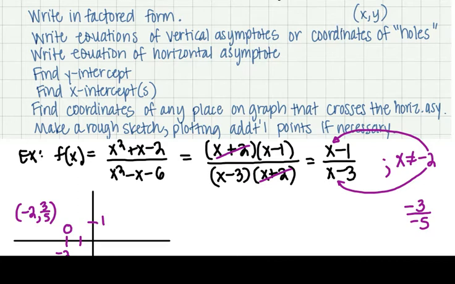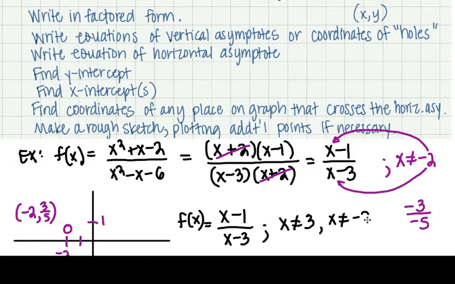Now let's look at x minus 1 over x minus 3. We know that x cannot equal 3 as well. We already know x cannot equal negative 2 from the original, but we also can clearly see that x cannot equal 3.